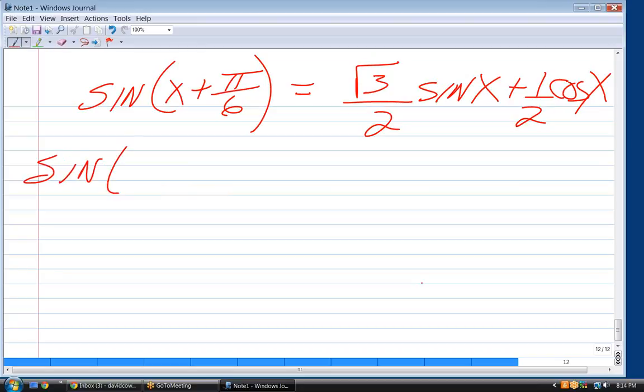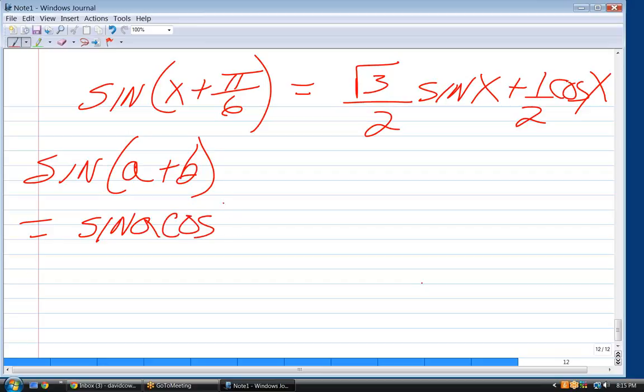So what's the sine of a plus b equal to? Remember, there's 2 sines, 2 cosines, and they're split. So what does it have to be? The sine of a cosine of b.